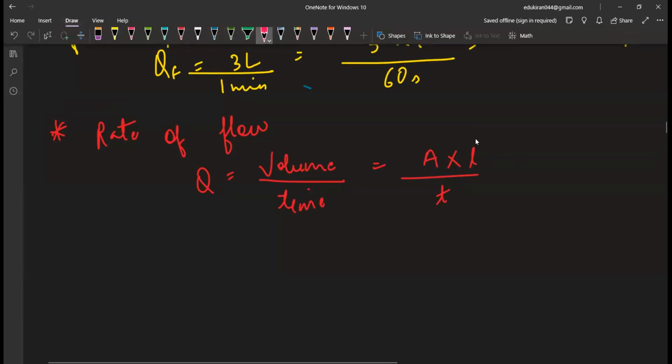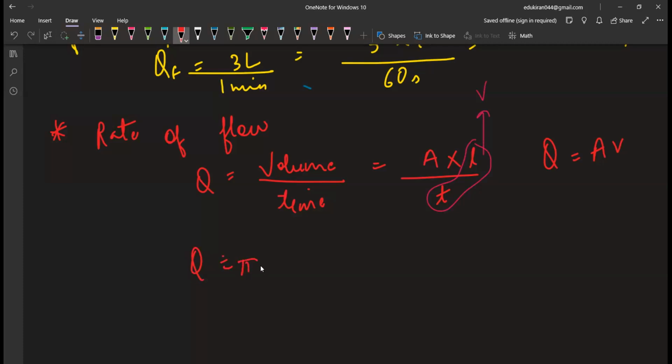What is length by time? Which quantity is this? Velocity. So rate of flow is area into velocity. If it's a circular end, you will say it's pi r square into v.